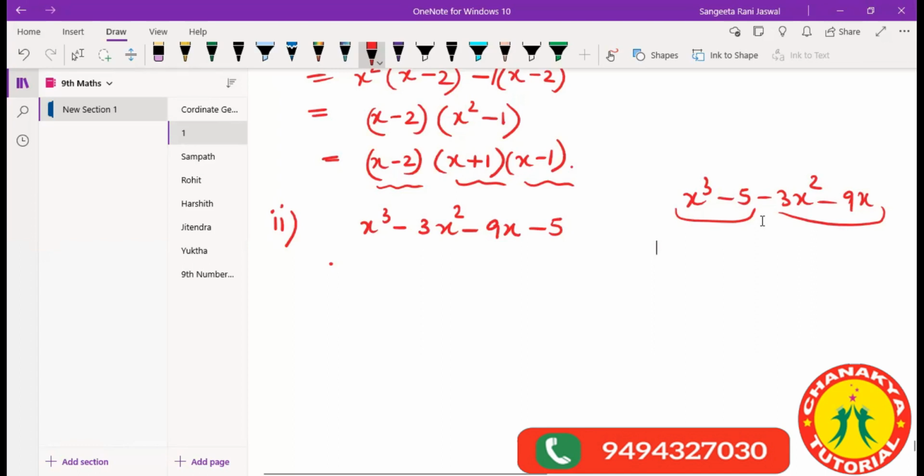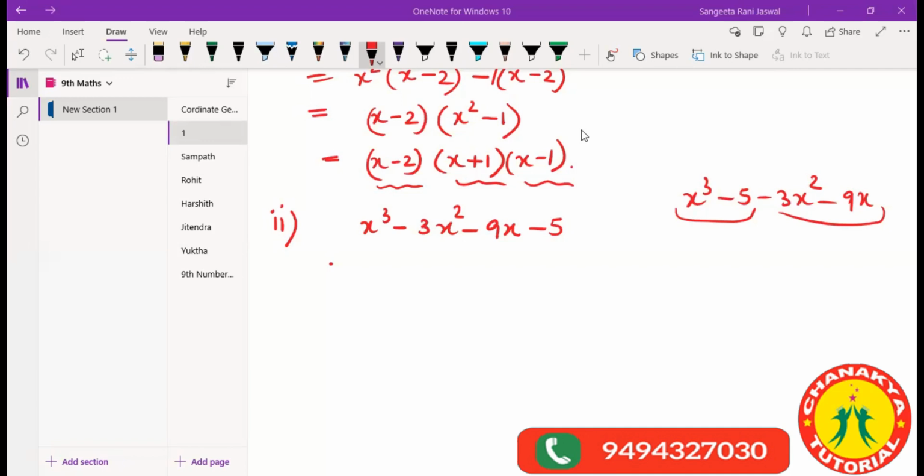Okay, what about others? Others are trying or not? Yes, Jitendra, Harshit. Yes, children. Jitendra, Harshit, Sampath. Ma'am, I got x into x minus xy minus 3 minus 5 into x minus 3. So is there anything common? Are you getting any roots, any factors there? No, ma'am.